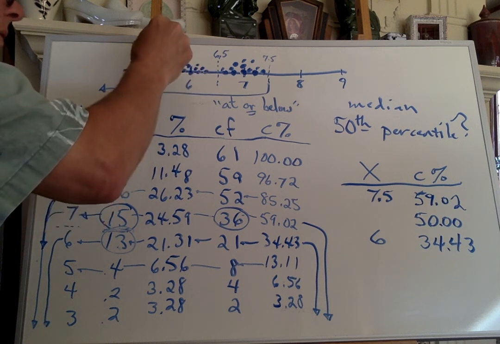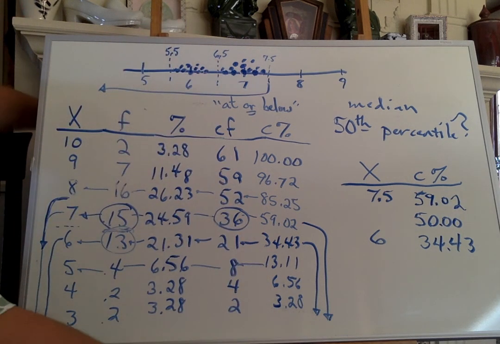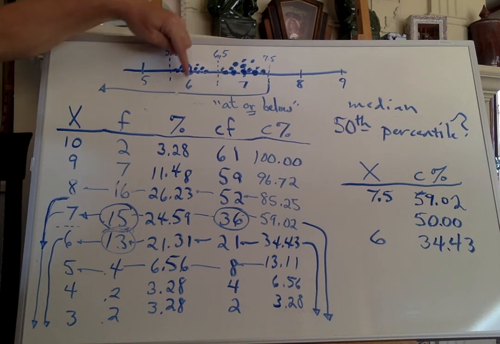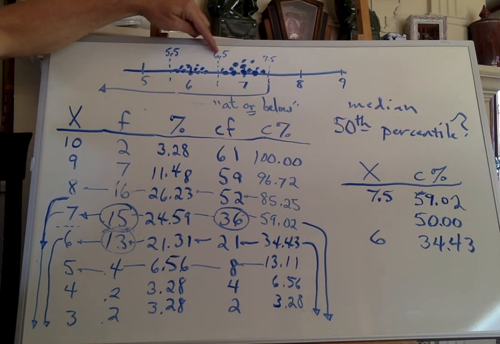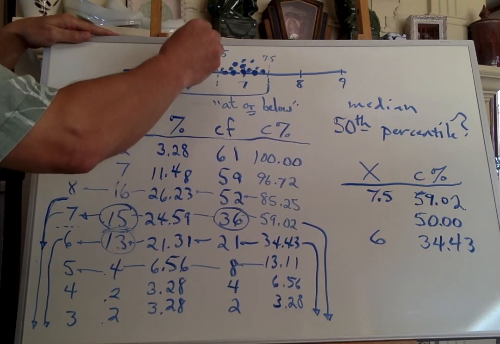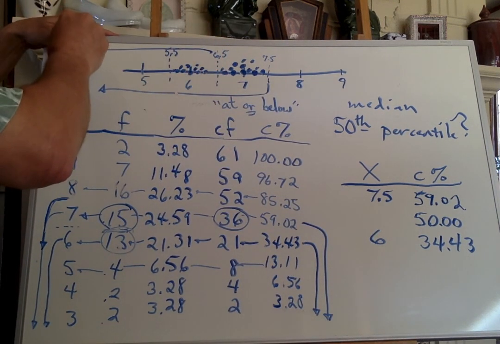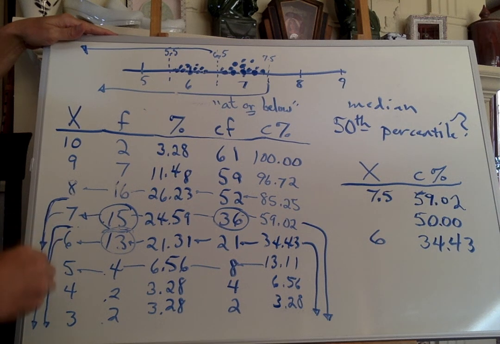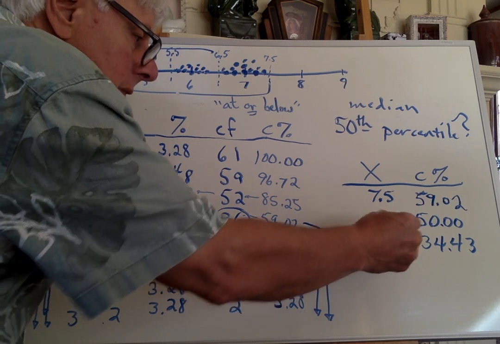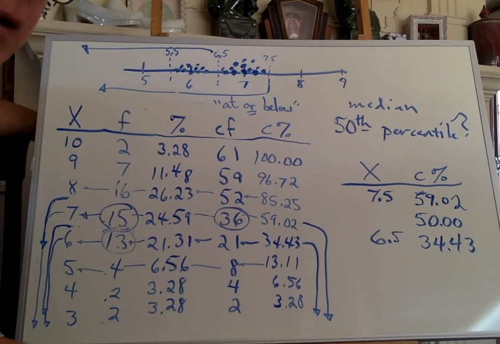So now, the lower real limit for 6 is 5.5. The upper real limit for 6 is 6.5. When I'm talking about cumulative percentage, I'm going to use 6.5 and everything below. We're just going to use the upper real limit here for our interpolation procedure. Okay?